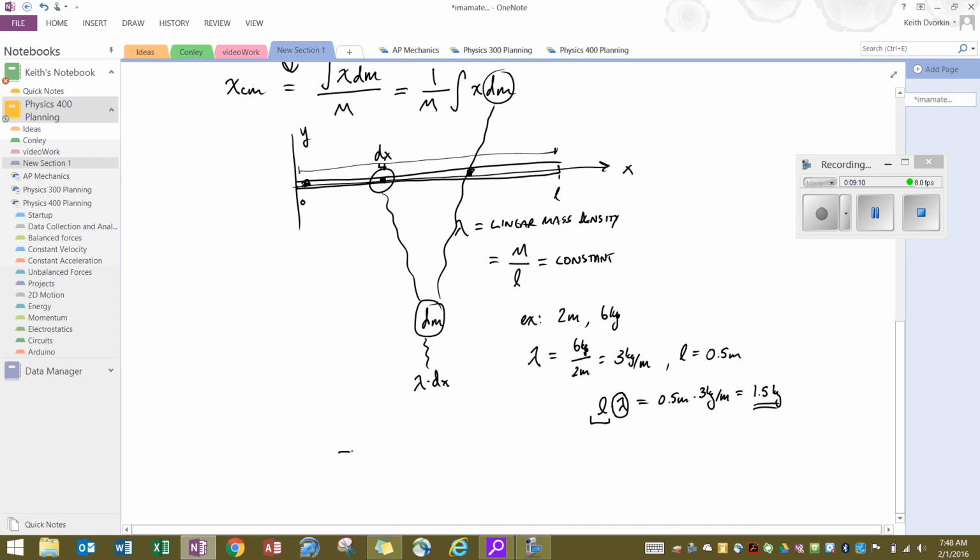So now let's write this full integral out in a coordinate system instead of trying to integrate over masses. So x times dm, which we just found is going to be equal to lambda times dx.